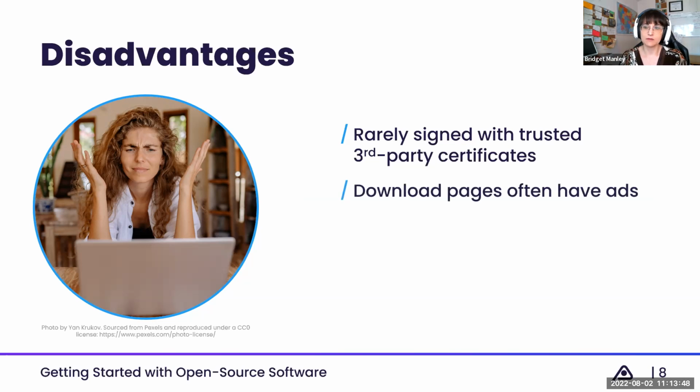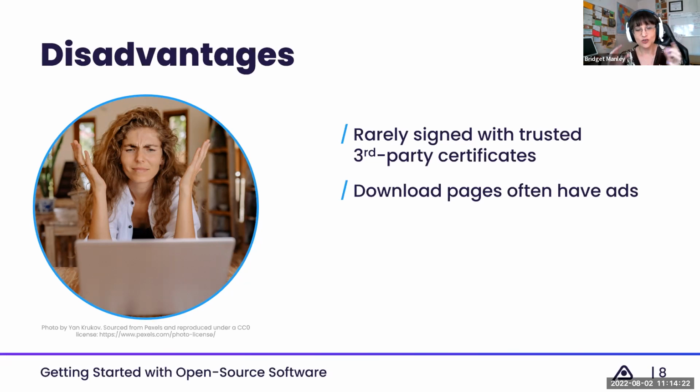The second con with open source is that if you go to the download page from the developer themselves, you'll often see a lot of ads on the page, and a lot of the ads try to get you to download other pieces of software. So if you go to a website where you would download open source, you might see downloads for Microsoft 10 and 11 in small print, and then below you'd see a big green button that says download now.